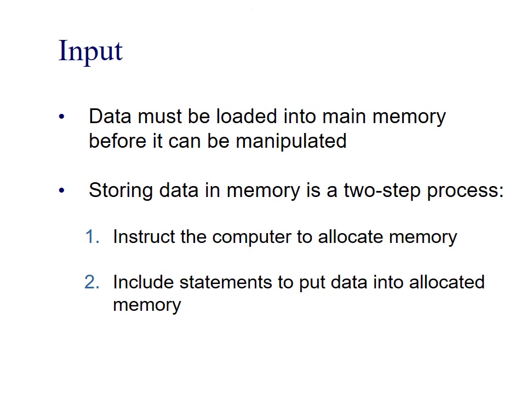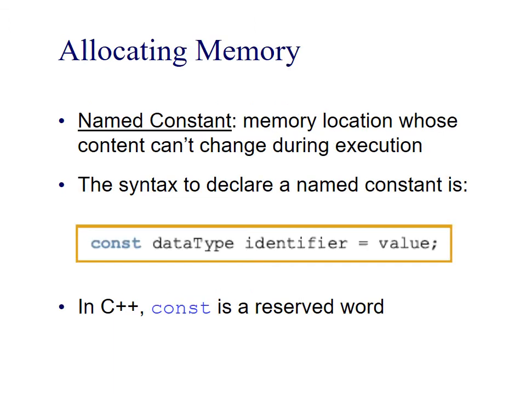Input: data must be loaded into main memory before it can be manipulated. That's why we need to store the data. So there is a two-step process. First, we instruct the computer to allocate memory, and include statements to allocate memory. Like here, for allocating memory we use a named constant. It is a memory allocation whose content cannot change during execution, meaning at runtime we cannot change it.